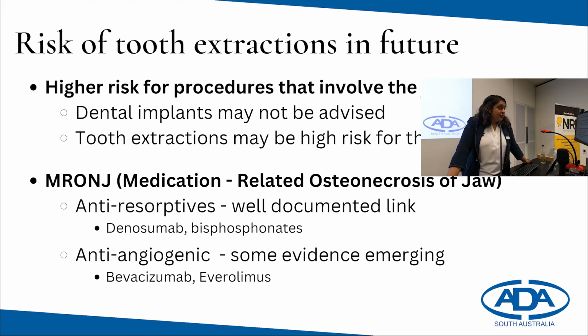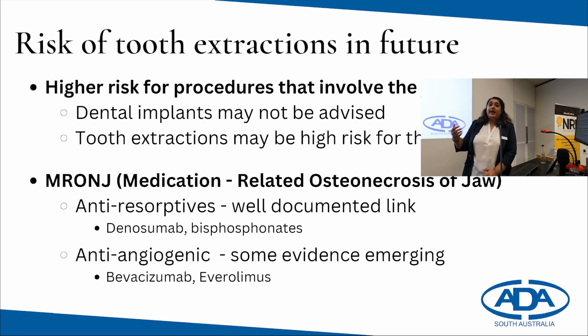So some medications that we know have been involved with a link to this are denosumab and bisphosphonates. There's a well-documented link that these medications put their patients at risk of developing MRONJ if they have to have a tooth extraction. More notably for cancer treatment, there are some anti-angiogenic drugs which have this link, but the evidence is still emerging.